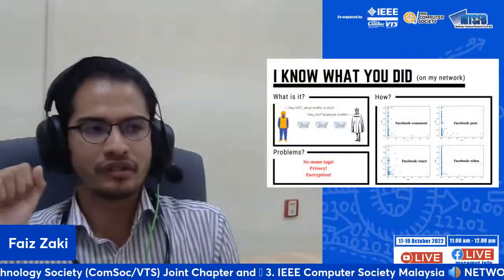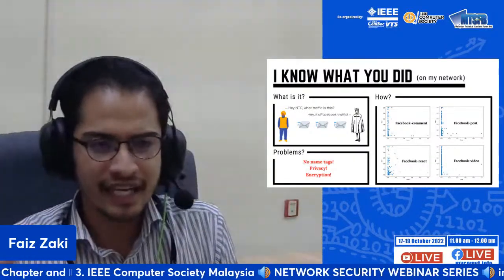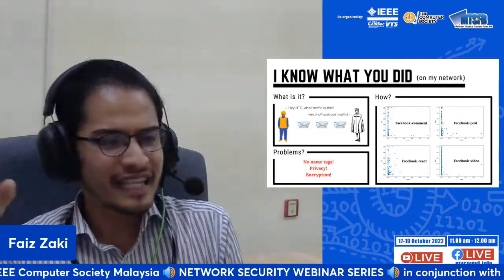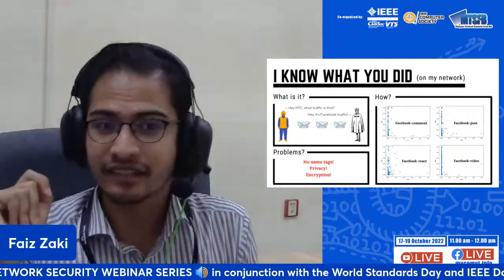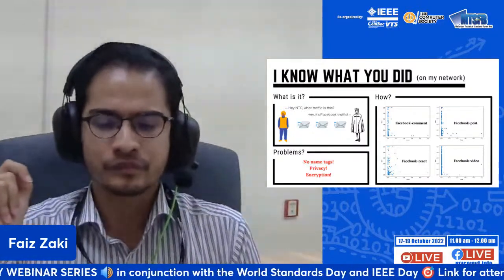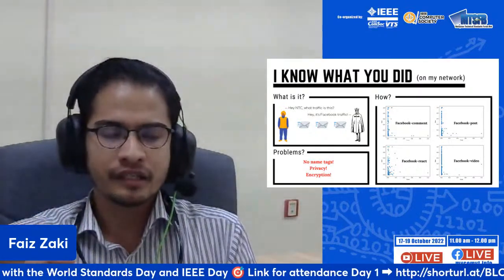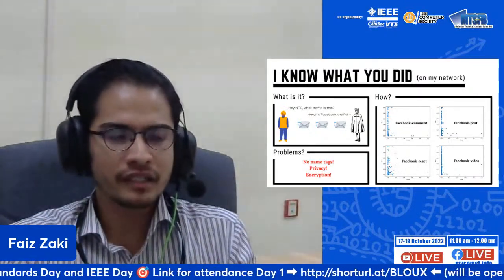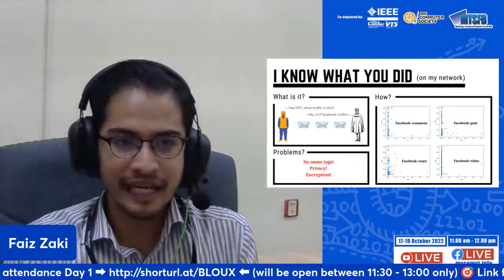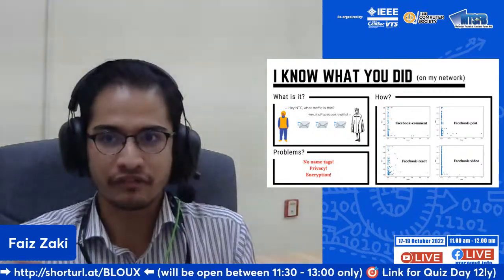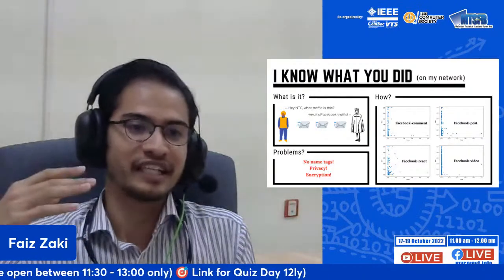So what they did was they realized that network traffic actually has certain statistical characteristics. For example, the time spacing, the time taken for Facebook traffic to travel is similar to other Facebook traffic and is different from other applications.